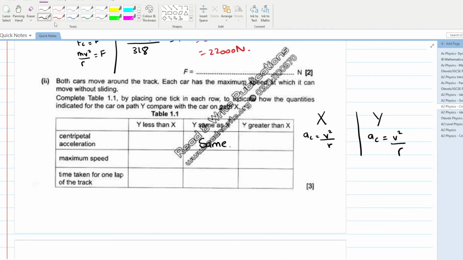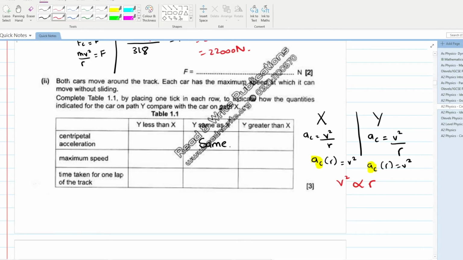Now can I rearrange these formulas? Yes. Centripetal acceleration into r is equal to v square, for both. Now here I know that the centripetal acceleration for both x and y is the same. So instead of the equals sign, I can write that v square is directly proportional to the radius.